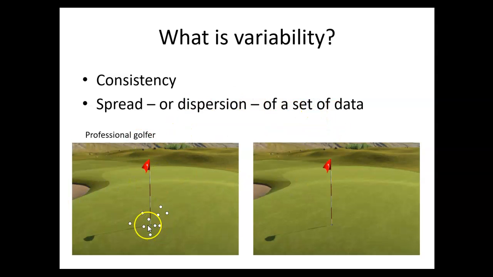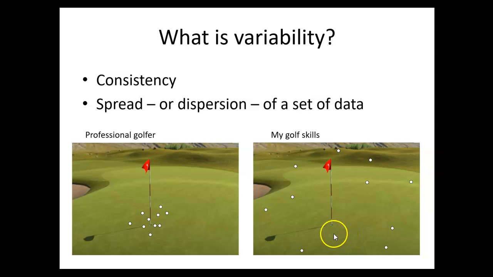If the mean was where the hole is on the golf course, and all these golf balls were spread out around the mean, that would represent the spread or dispersion of the set of data around the mean. For example, a professional golfer would have a small spread. It would be very consistent, and the data wouldn't be dispersed. My golf skills, on the other hand, would be highly dispersed.